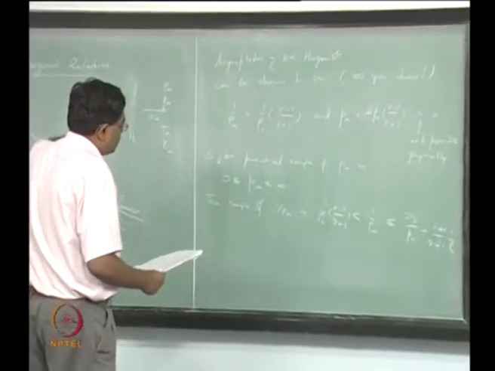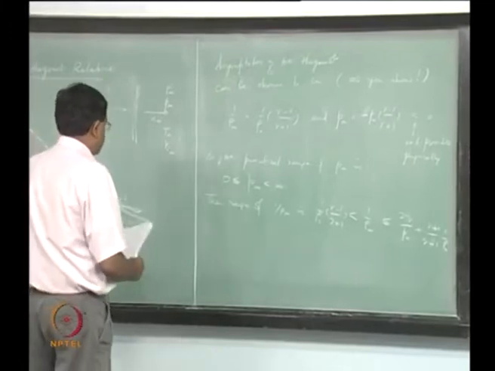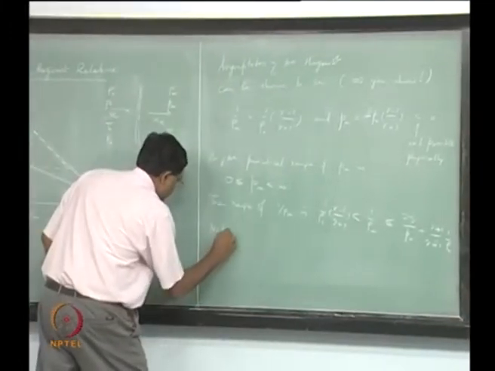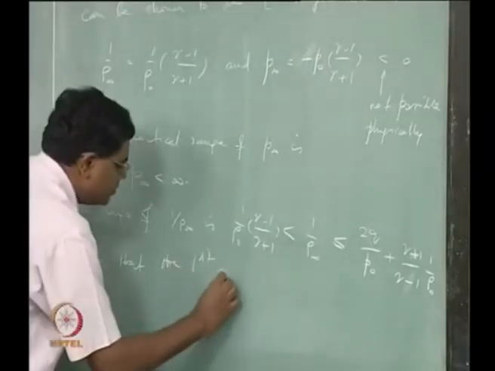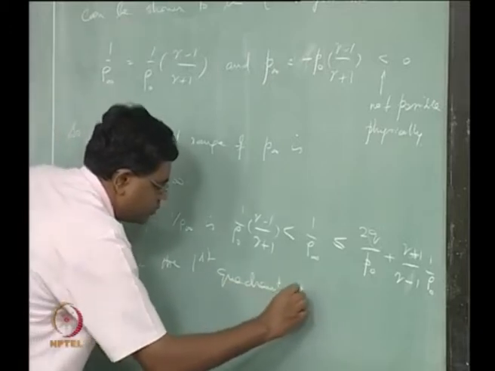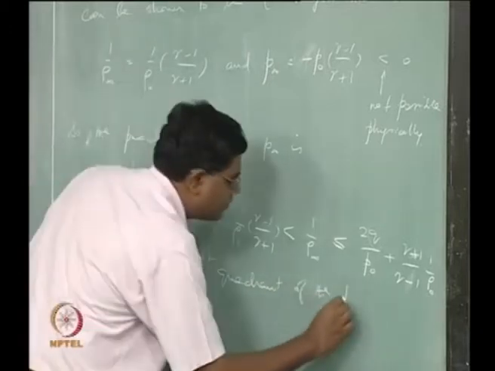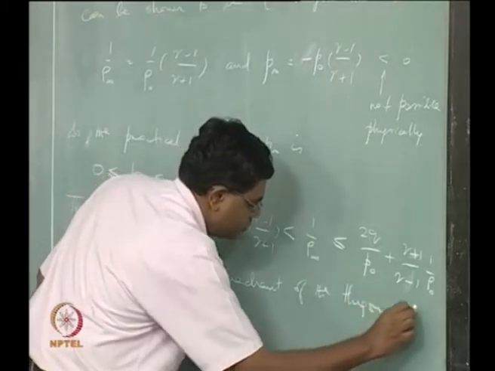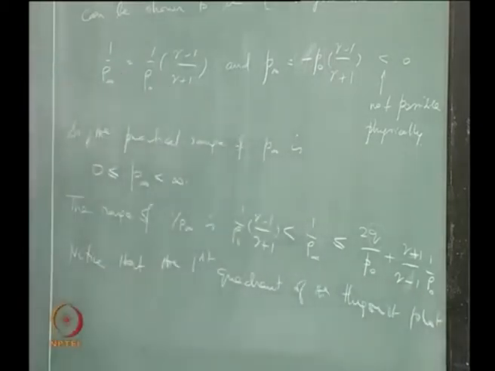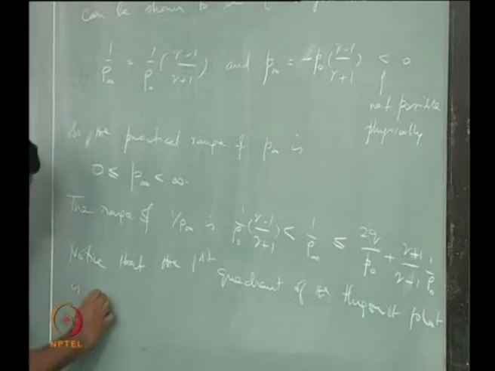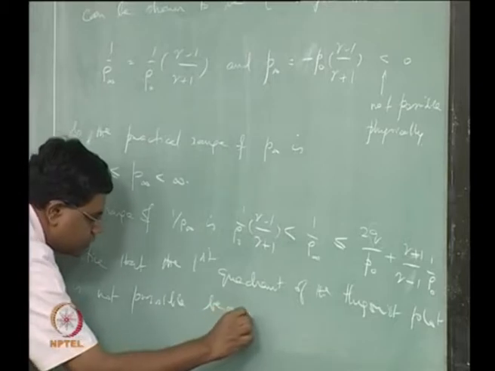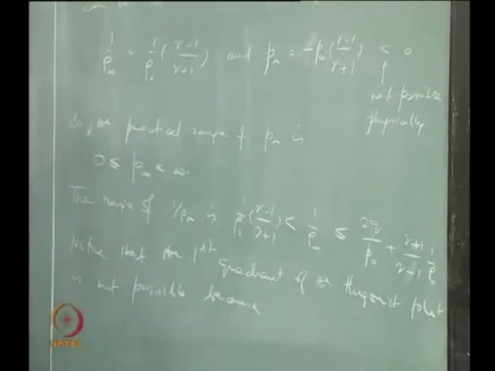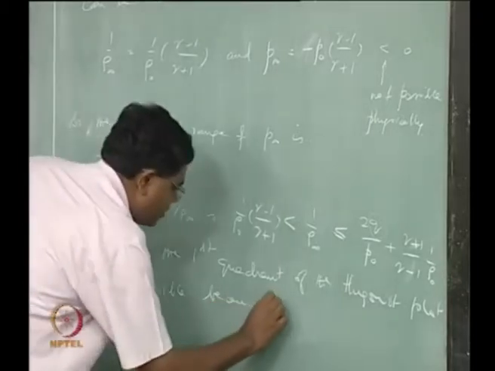Now what we also noticed was that the first quadrant of the Hugoniot plot is not possible because the Rayleigh line has a negative slope.